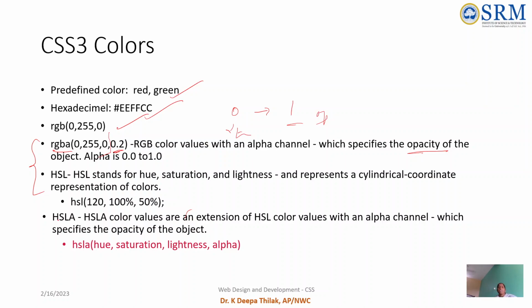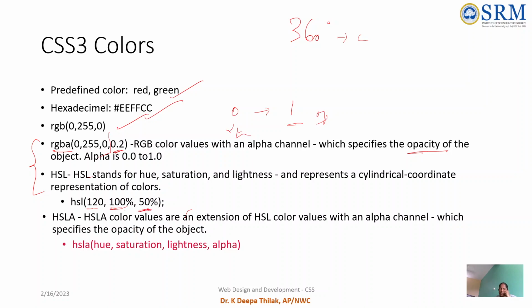And HSL represents hue, saturation and lightness. So this is my hue, this is my saturation, this is my lightness. Hue represents a 360-degree coloring scheme, and each color has its respective degree, which we have to specify. The saturation level we can also specify using a percentage.